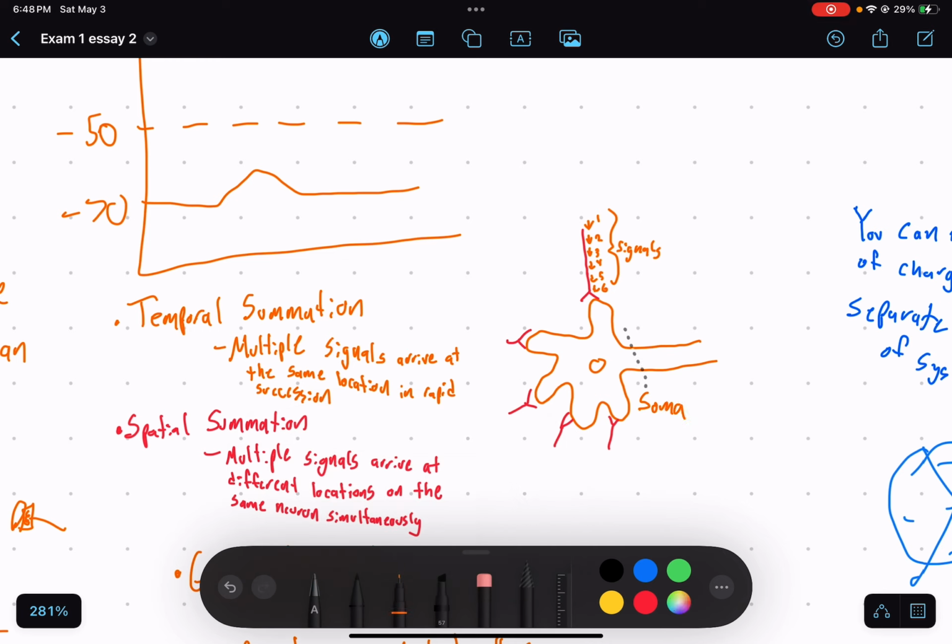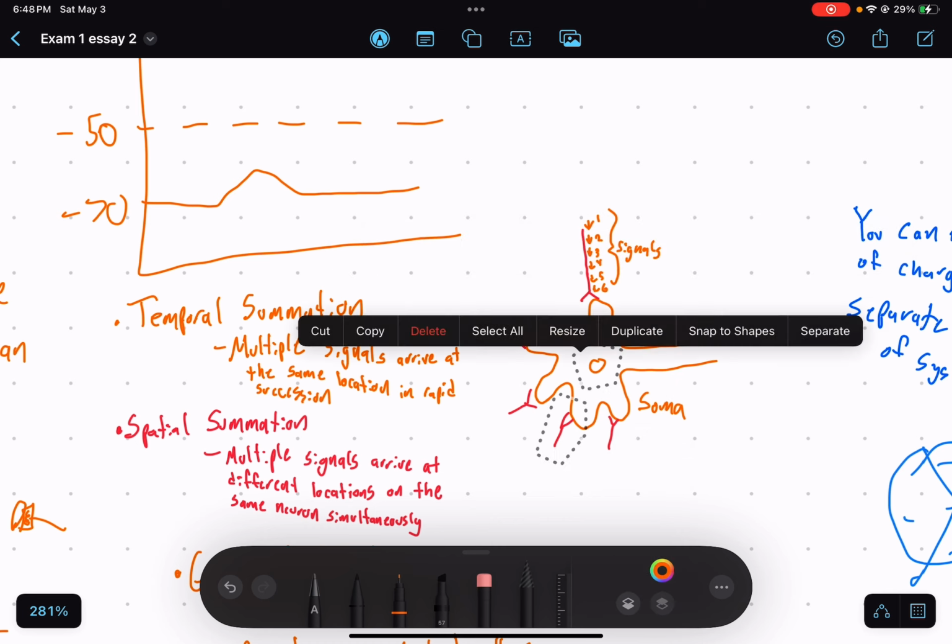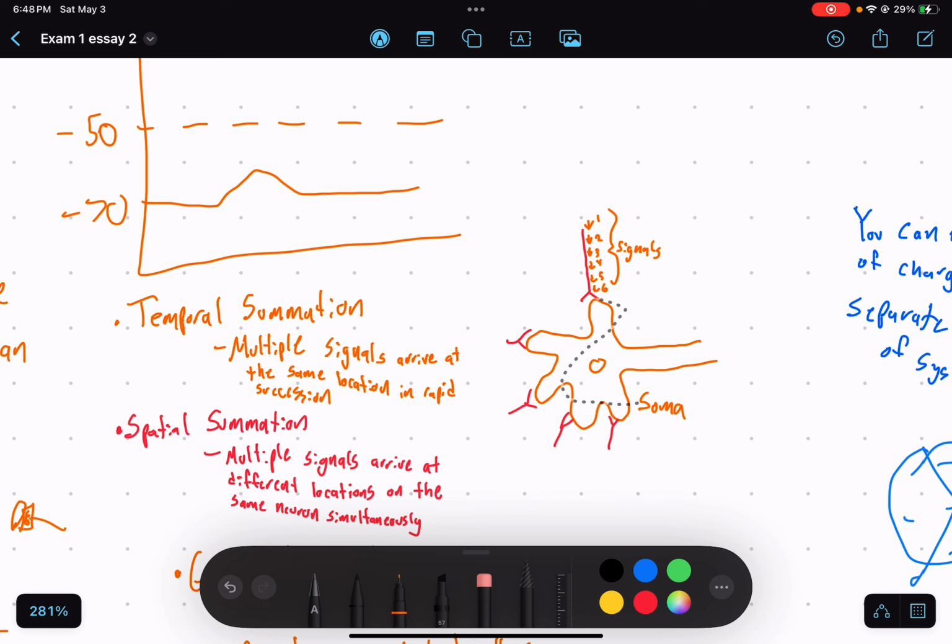Then you have your dendrites right here. You have your axon hillock right here. And then you have an axon right here.